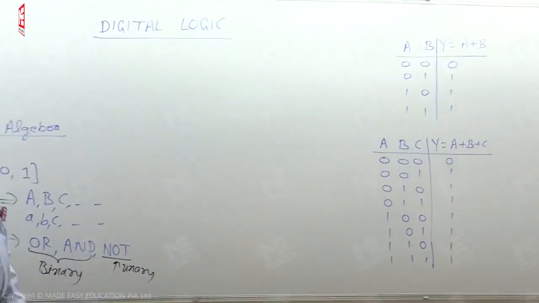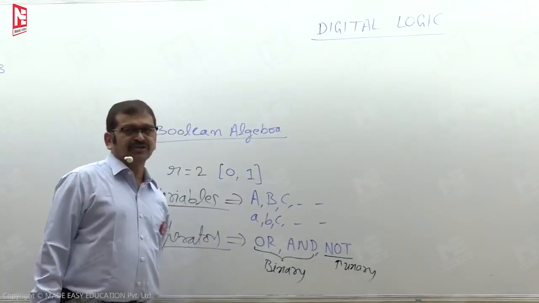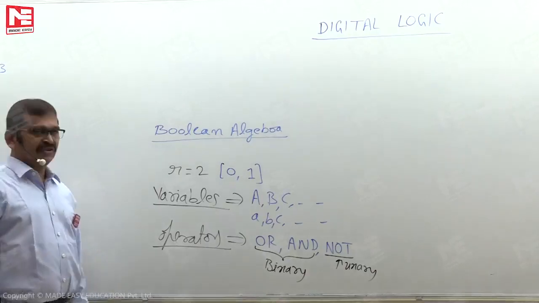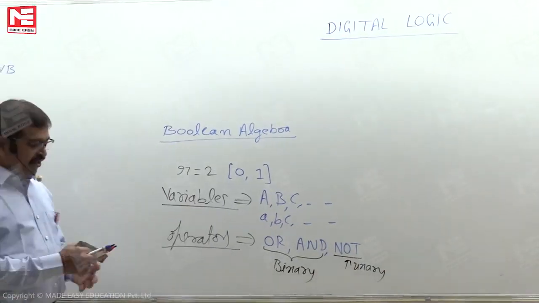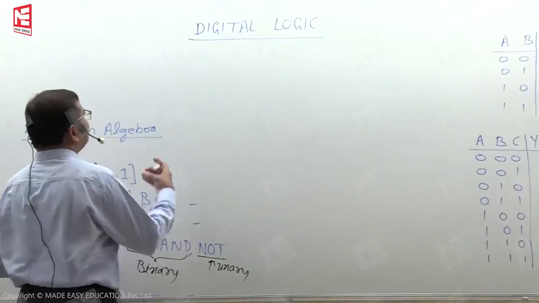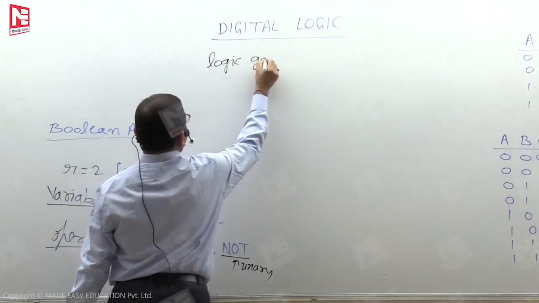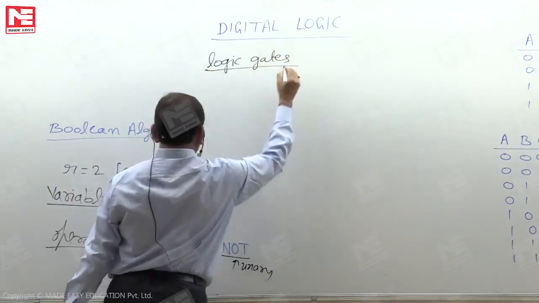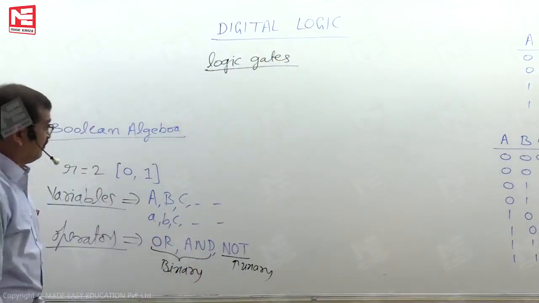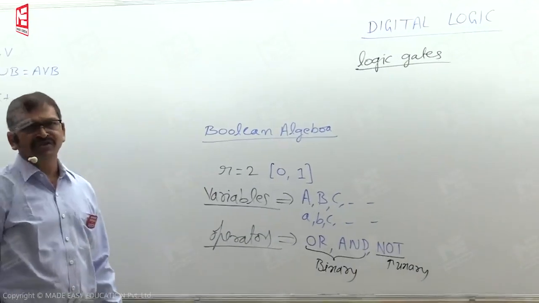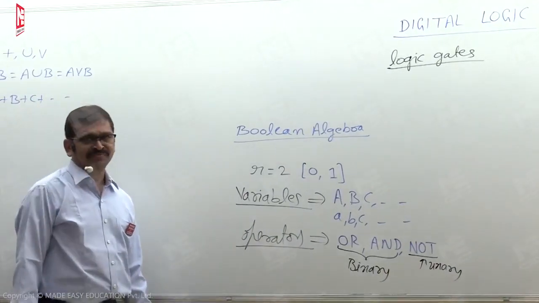To perform all these logical operations, we have hardware devices. These hardware devices are named logic gates.